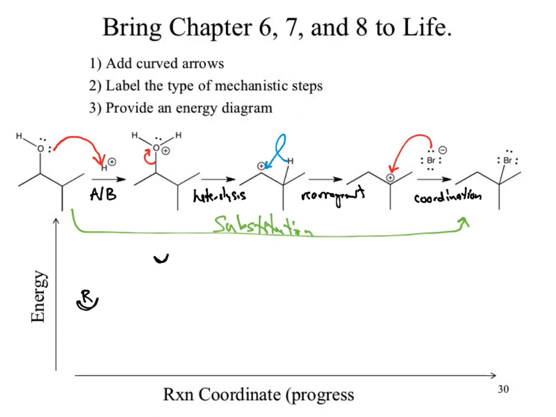Why would we say the positive is more comfortable in the carbon than on the oxygen? Because oxygen is more electronegative. Use our ranking systems. Charge, they're both charged. Size, carbon versus oxygen. Electronegativity. Oxygen would rather have its electrons. So that makes that carbocation a little bit lower in energy.